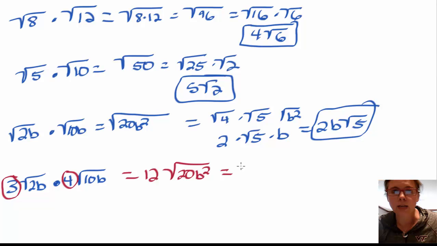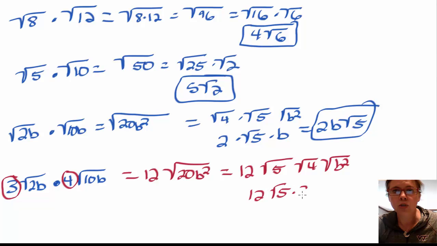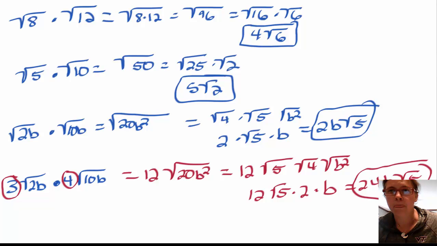So this is going to give me 12 times the square root of 5 times the square root of 4 times the square root of b squared. So we have 12 square roots of 5 times 2 times b. So we'll have 24b square roots of 5. That's what your final answer would be there.